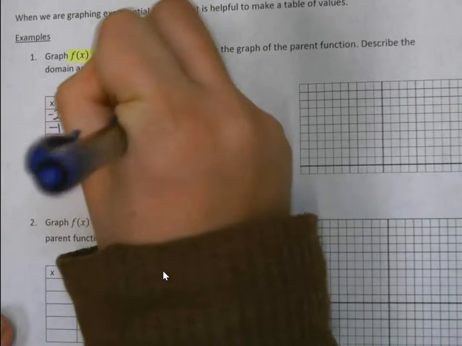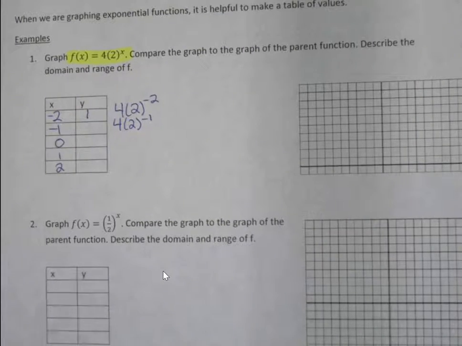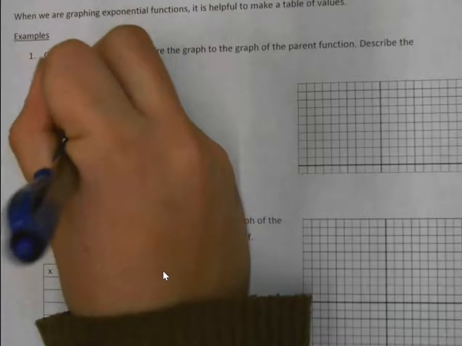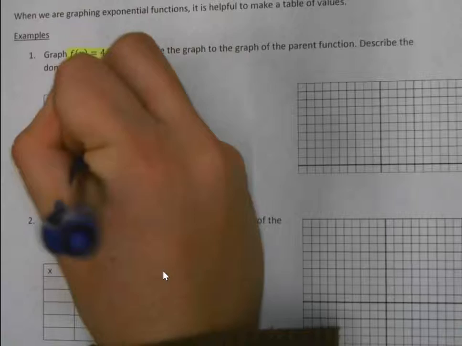I'm going to have 4, parentheses, 2 to the -1. And when I type that in the calculator, it'll be 2. Okay, so I'm going to write off to the side what we plugged in.